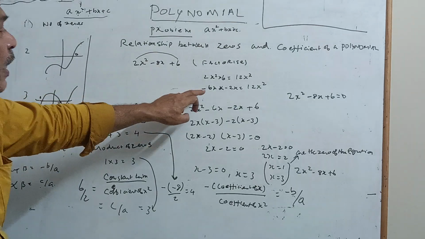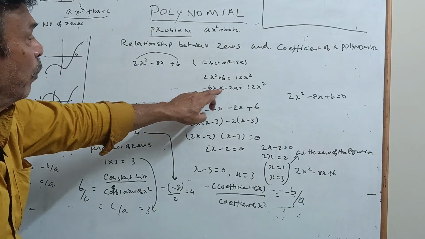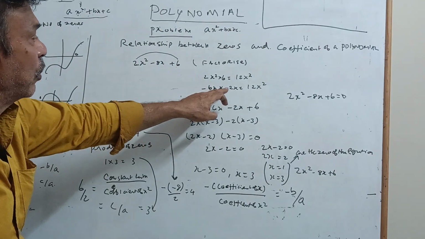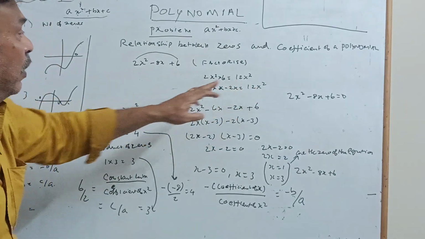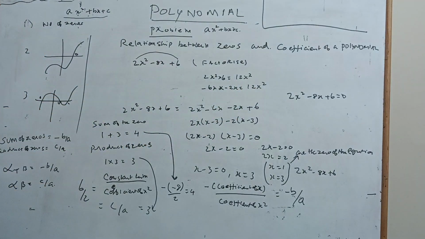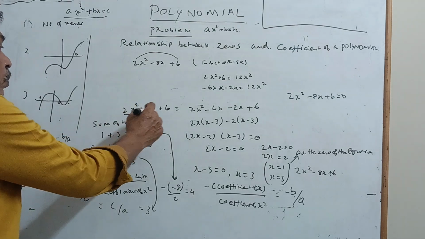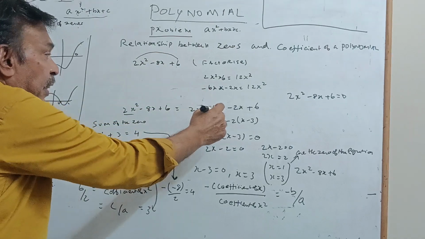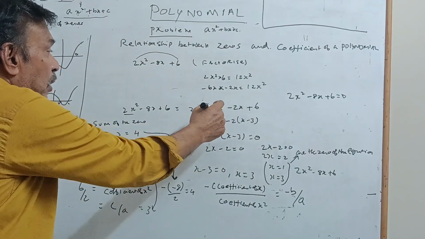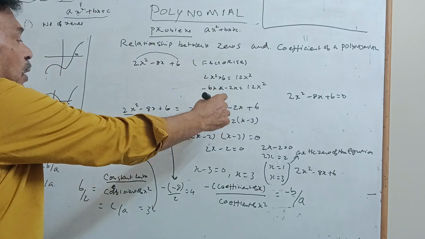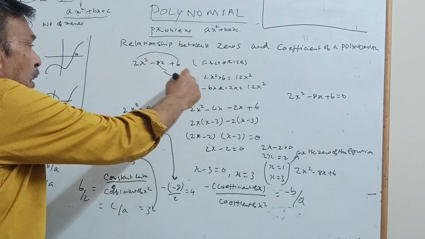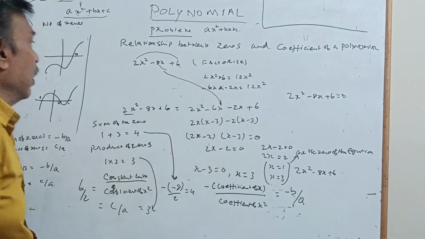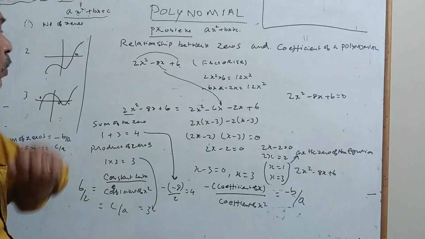You can write it as minus 6x and minus 2x. If you multiply minus 6x and minus 2x, this becomes 12x squared. So instead of 8x, I am writing minus 6x and minus 2x. So this becomes minus 8x now, and the 6 comes here. So now the equation becomes like this.